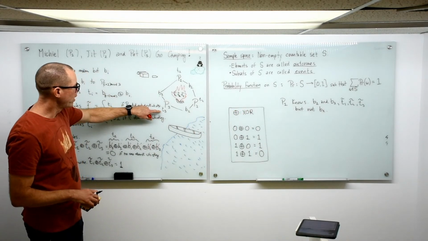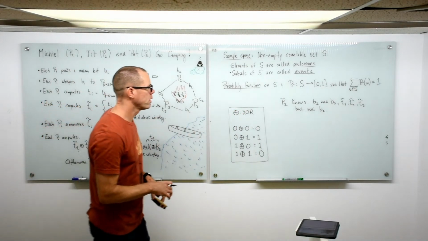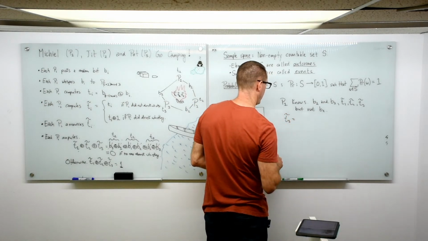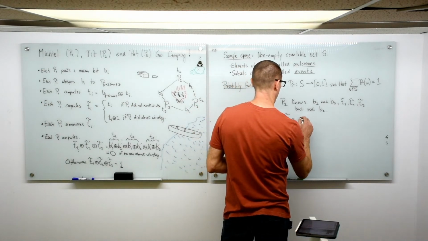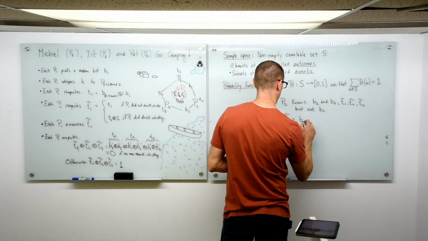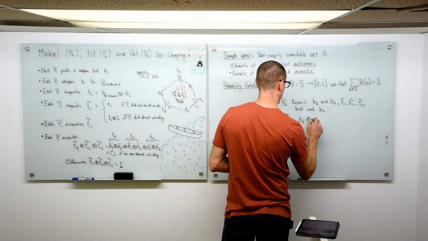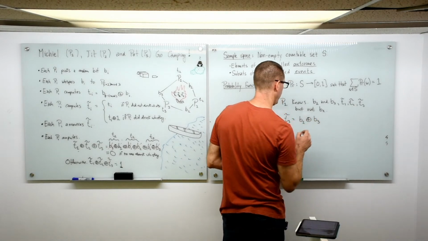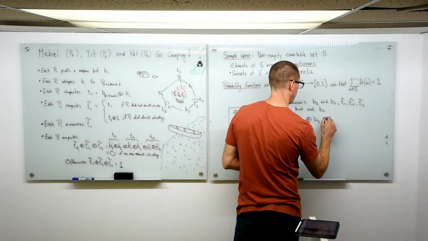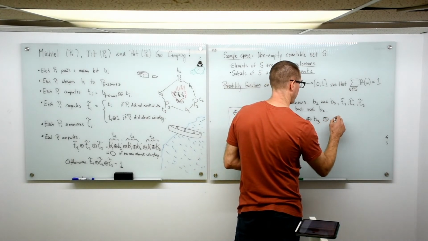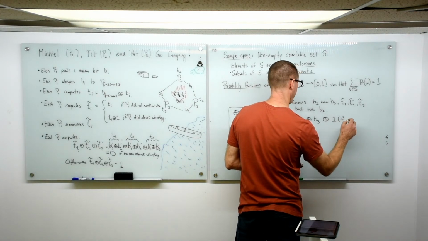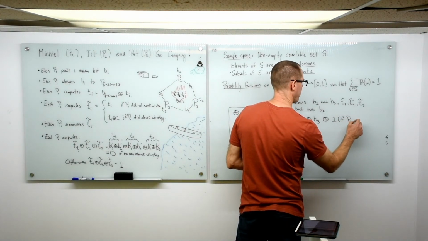what's this value T3 tilde? Because I know that one. Well, that's equal to B2 XOR B3, and possibly this plus 1 if P3 is the whiskey drinker.